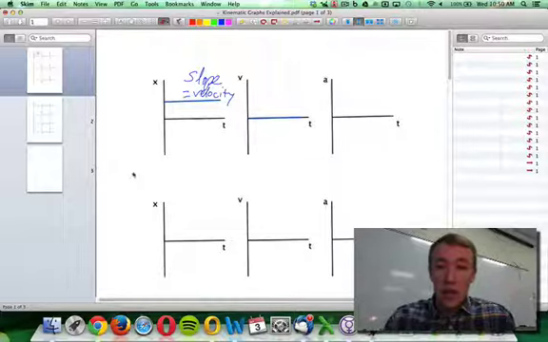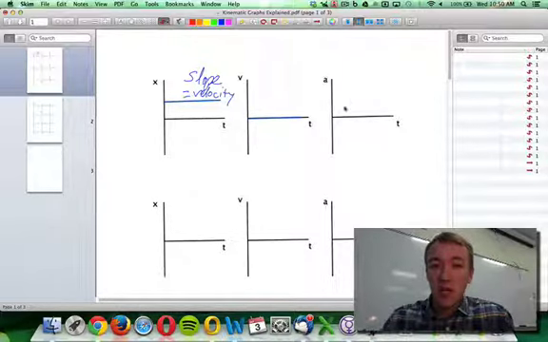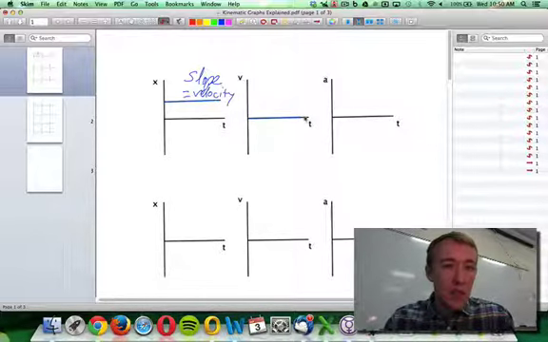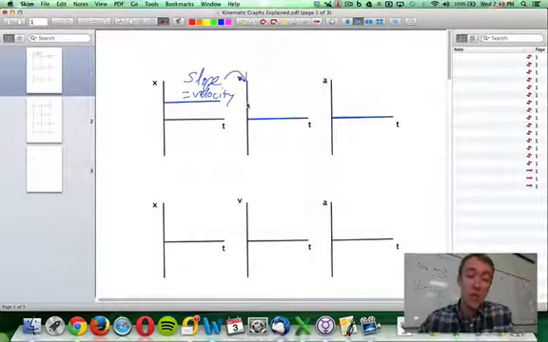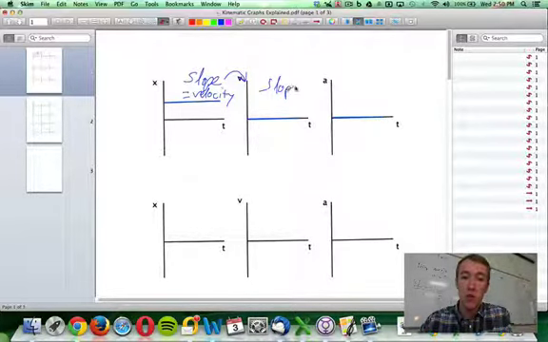Good. Let's think about acceleration here. Is your velocity changing? Acceleration is the change in velocity per unit time, so it's how does your velocity change over time? Does this velocity change at all? No, your velocity doesn't change at all. So if the velocity is not changing, the acceleration is also 0, because the slope of your velocity time graph is your acceleration.